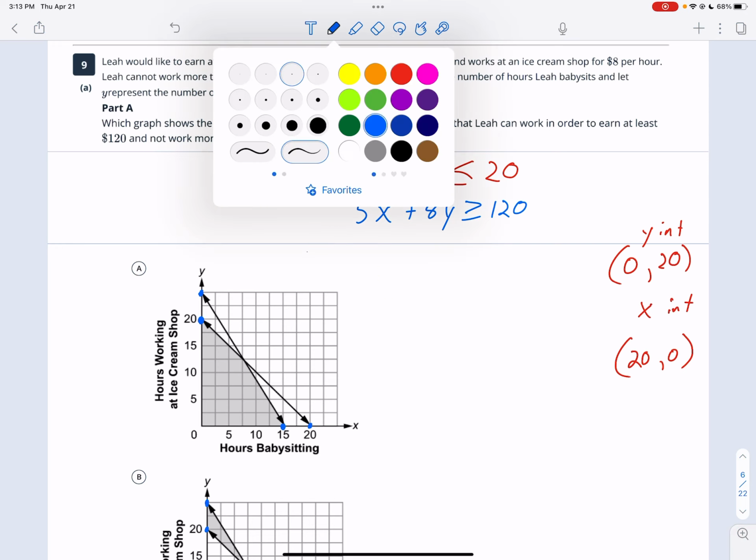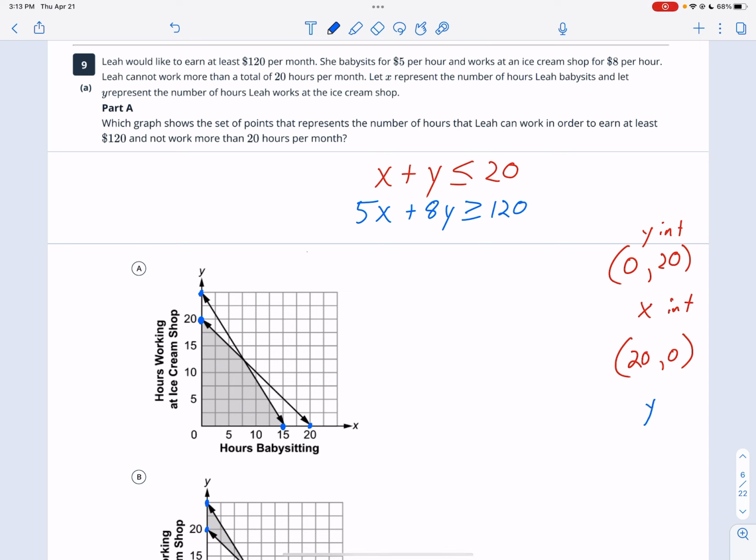And for blue, may as well have them all here. I'll do my y-intercept for blue and my x-intercept for that. And when you're actually doing it, you'll be able to just breeze through it. So for my y-intercept, x is 0. 5 times 0 plus 8y. I'm just gonna write the equation for the boundary instead of the actual inequality, just to make it less confusing. 5 times 0 is 0, so we get 8y equals 120.